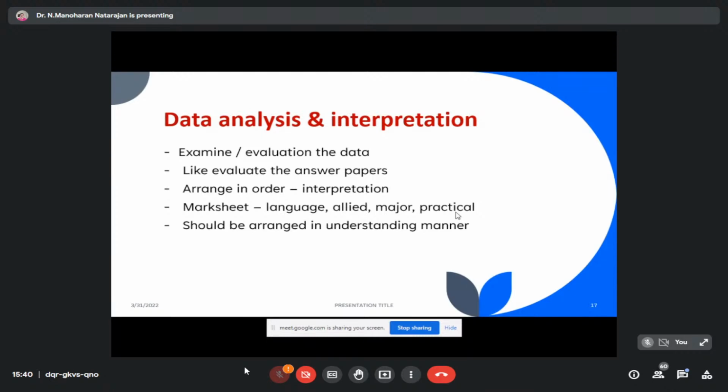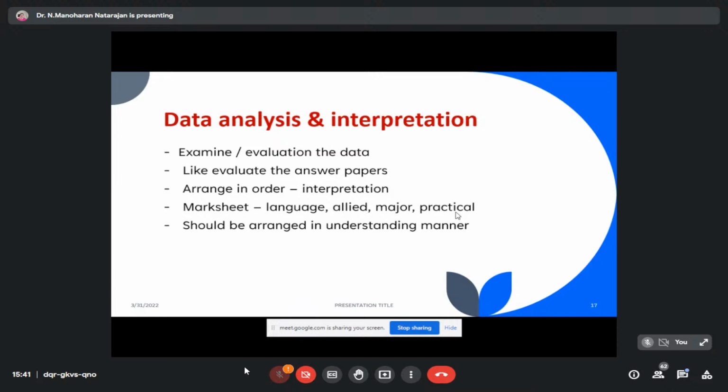Even though we collect data in any order, before interpretation, before evaluating the process, we have to analyze the data and put it in a particular manner or arrangement, so that we are able to interpret the data.